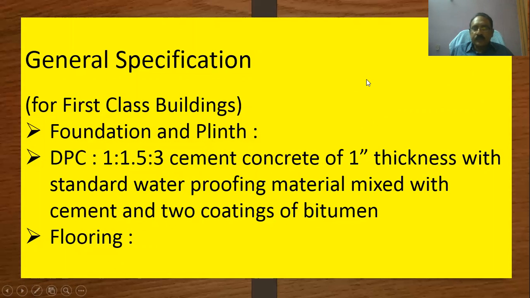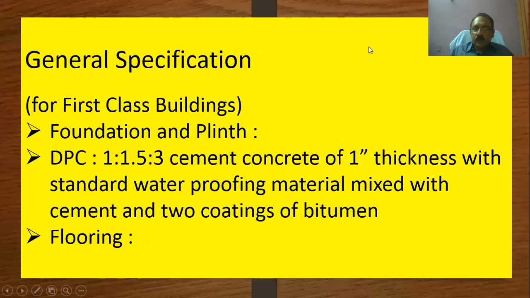Damp proof course with cement concrete ratio 1:1.5:3, approximately 25 mm or 1 inch thickness. We mix this cement concrete with certain chemicals, that is waterproofing materials.